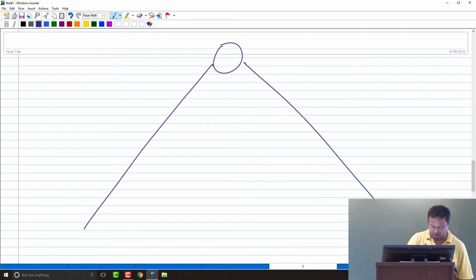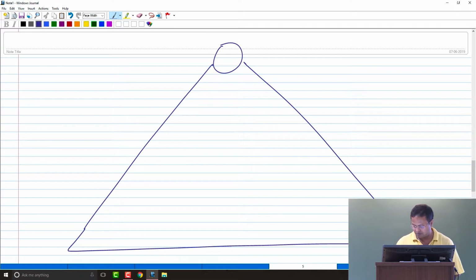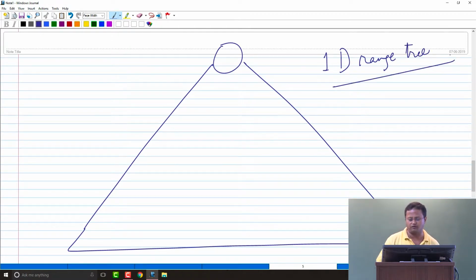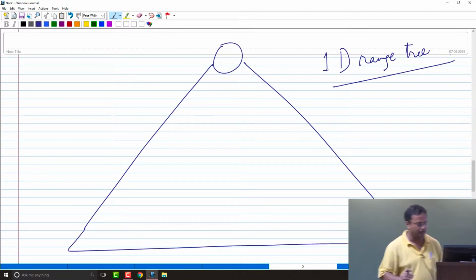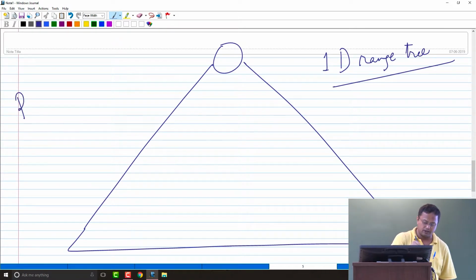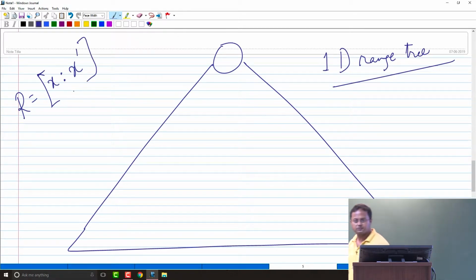Here is your 1D range tree. Think of your AVL tree or balanced binary search tree on the x coordinates, fine. What you are given is a range like x to x dashed.